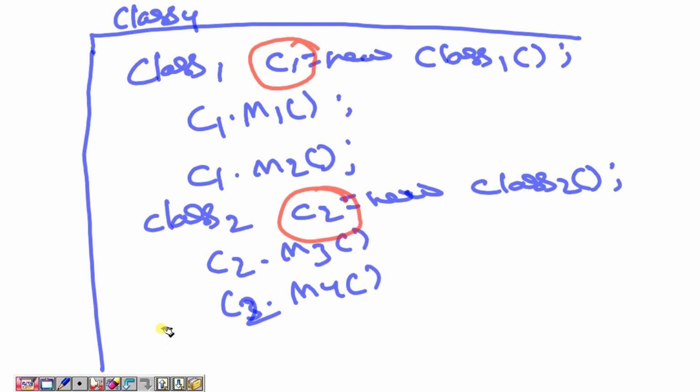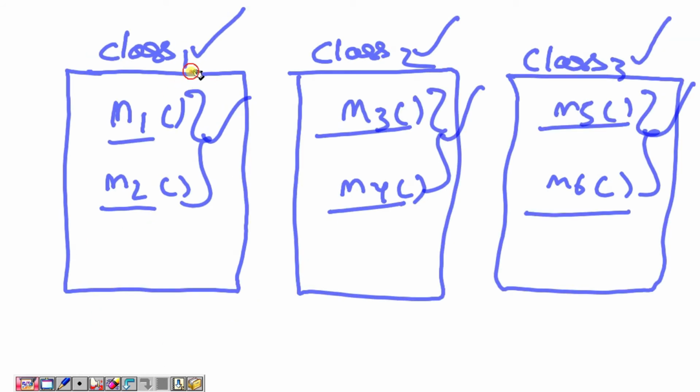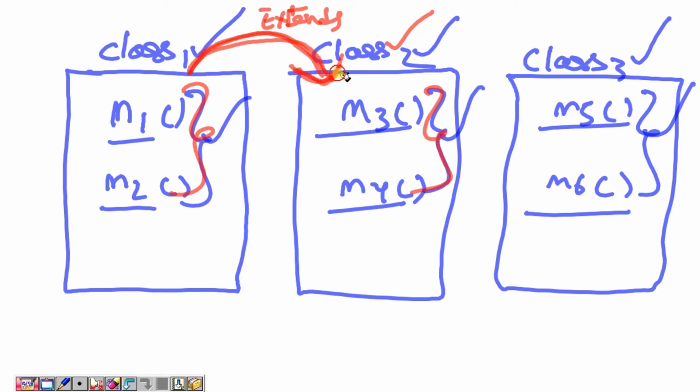For example, I want to extend this class to this class by using the extends keyword. Whenever we extend class 1 to class 2, using the class 2 reference you can access class 1 information as well as class 2 information.